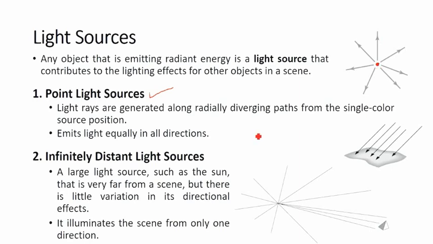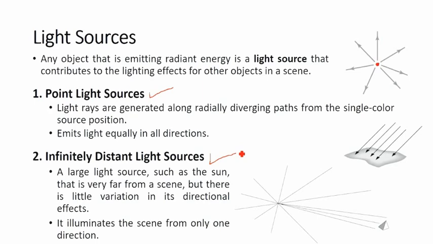The next type of light source that we'll be looking at is called the infinitely distant light source. It is a light source which need not necessarily be part of the scene. We can assume that this light source is at some infinite distance relative to the scene that we are modeling.